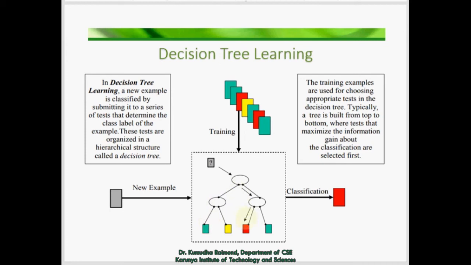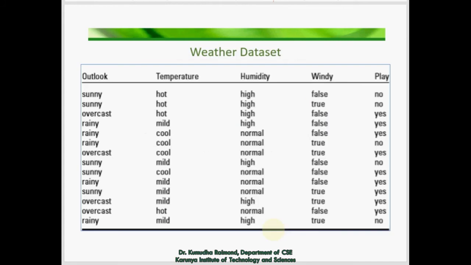A shorter tree will be more compact, and as we travel down the tree, the leaf nodes are nothing but the output attribute. For example, this is the weather data set where you have 4 input attributes such as outlook, temperature, humidity and windy, and play is the output attribute.